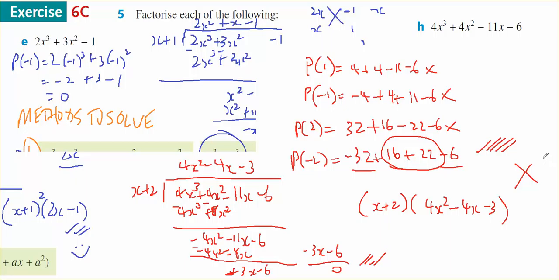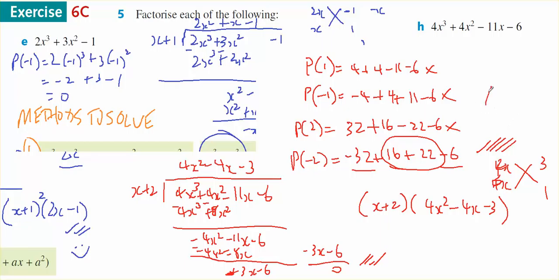Can I crisscross that? 3 and 1, 2x and x will give me 6x, and 2x and 3x, that's no good. I want 4. If I put the 4 there, that's no good. If I put the 4 up top there, that's no good. I'll just double check whether I actually can factorise it.